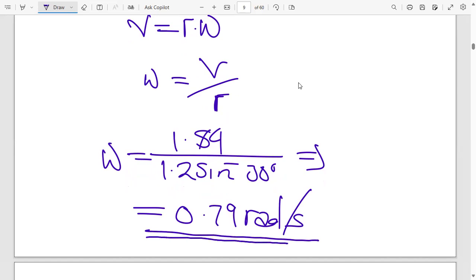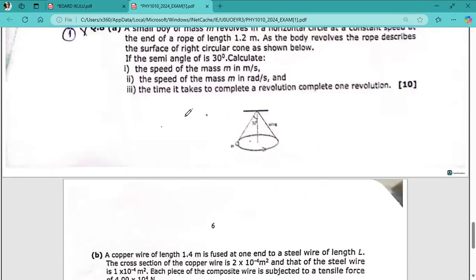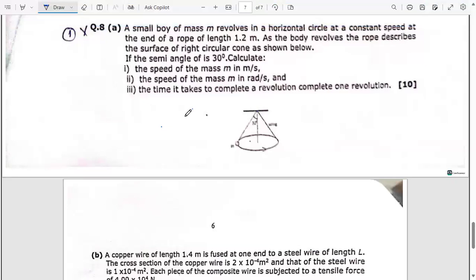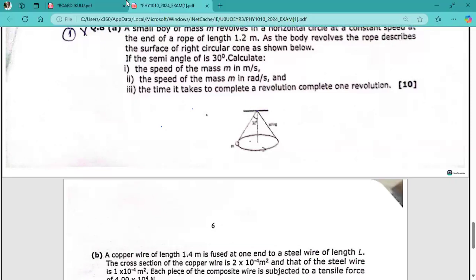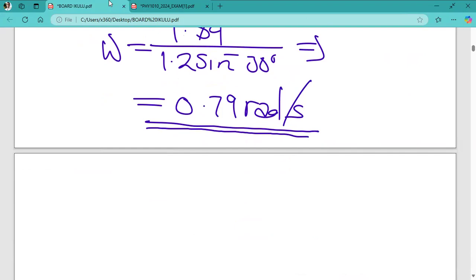Okay, the next one is saying calculate the time it takes to complete a revolution. Time for one complete revolution. So, which formula can we use in order to find the time for one complete revolution?